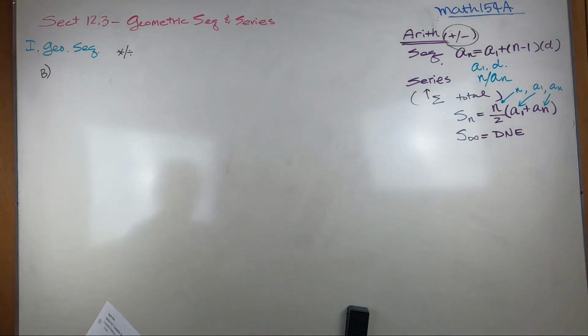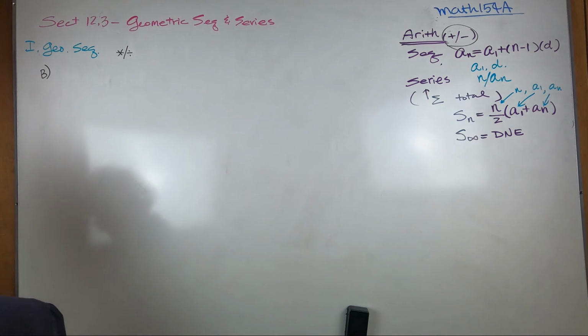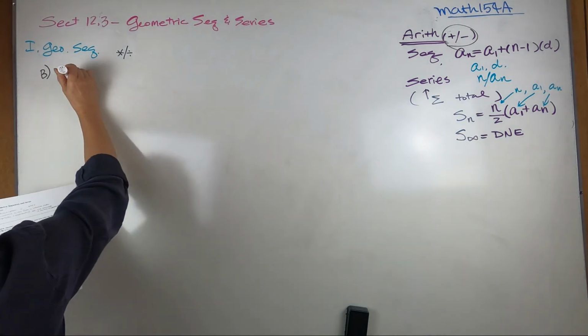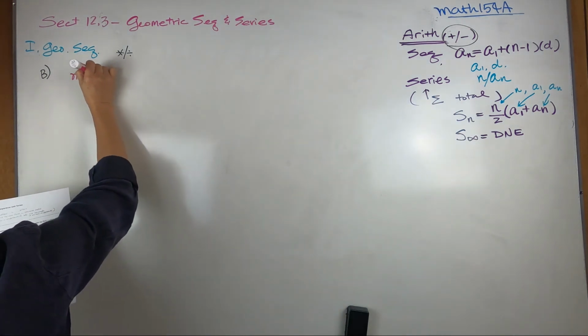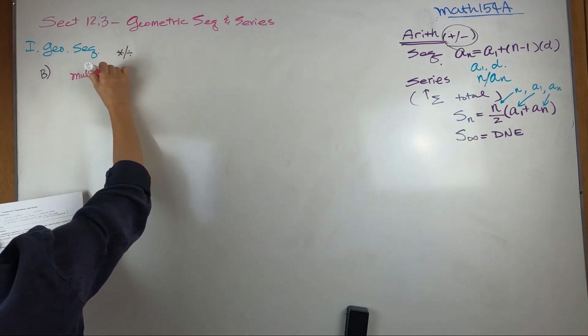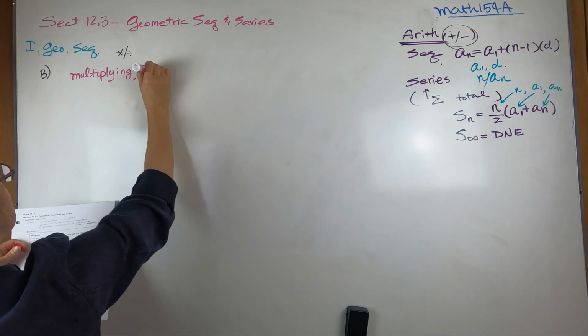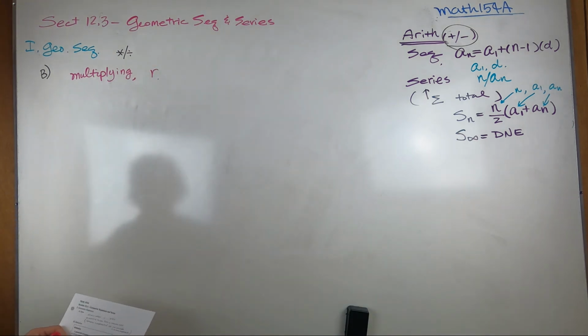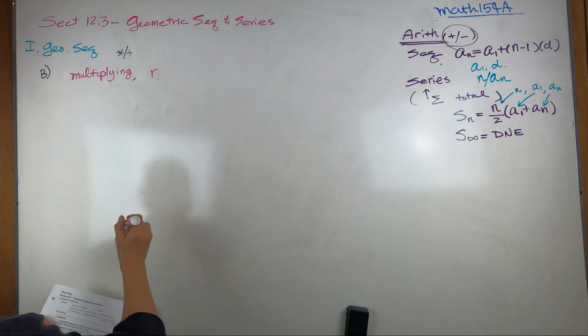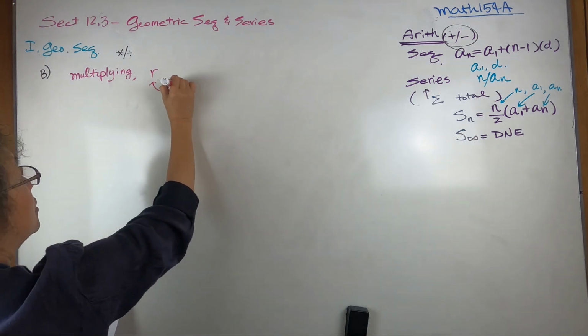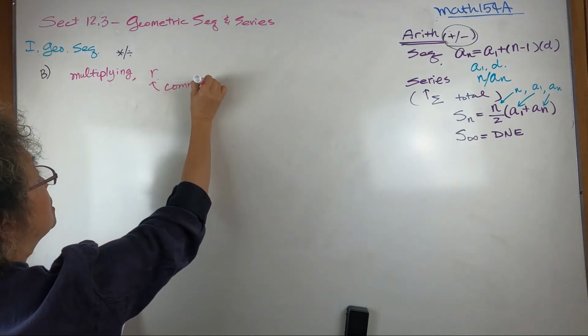A geometric sequence is a sequence in which each term after the first one is obtained by multiplying the previous term by a number r. We call r the common ratio.